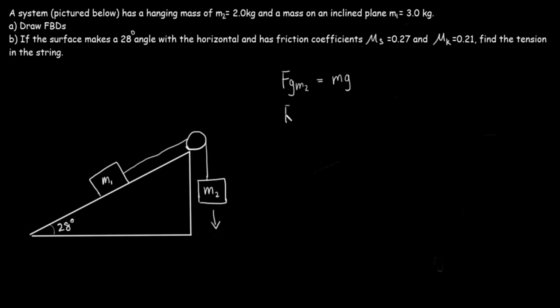In this case, m is 2.0, and gravity, that's always just 9.8. And let's see what we get. It's 19.6 newtons.